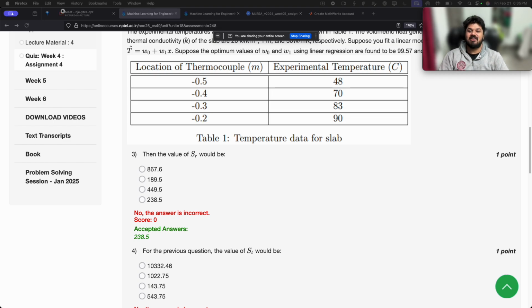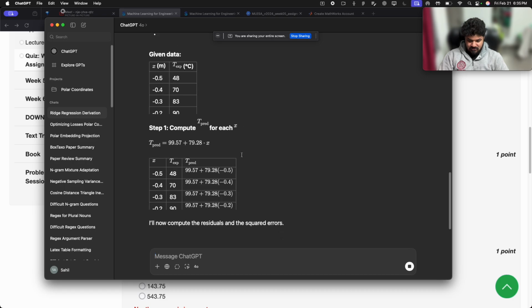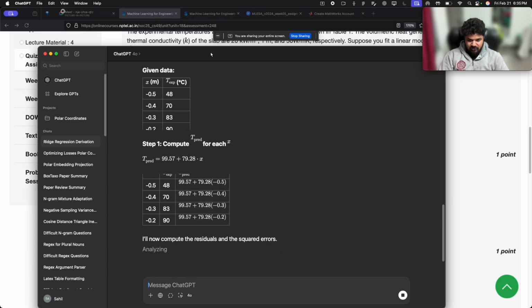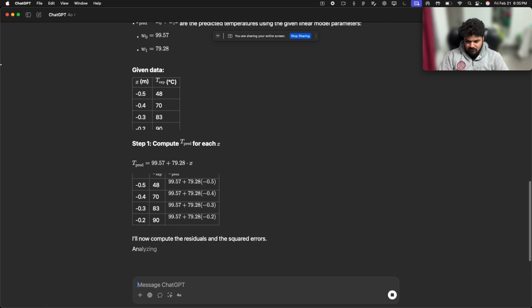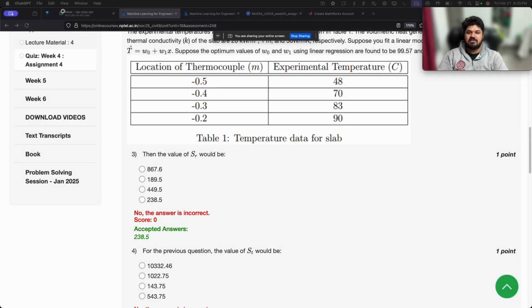The answer given by GPT is... GPT visible? Okay, it cannot be because the screen is different. Anyways, I'll show the answer. The answer is 238.47 given by GPT.